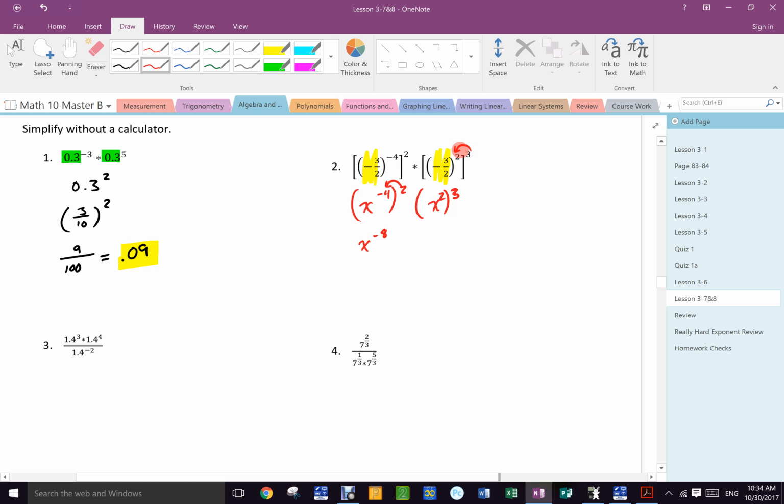What would you do right there? Multiply, so you'd get x to the what? 6, right? Then what would you do with those? I'd add them to get x to the what? Negative 2, correct? Am I at the end?